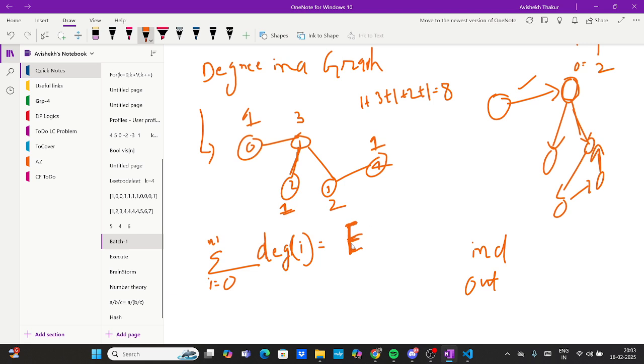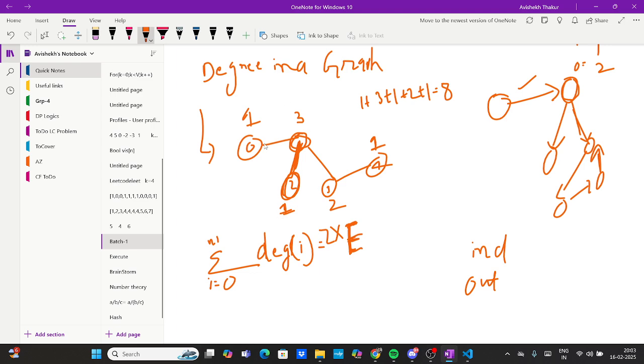But you are in the correct direction, Sahas. Just think of something. There is no weight concept. 2 into E, right? Why 2 into E? Each edge is associated with two nodes, right?